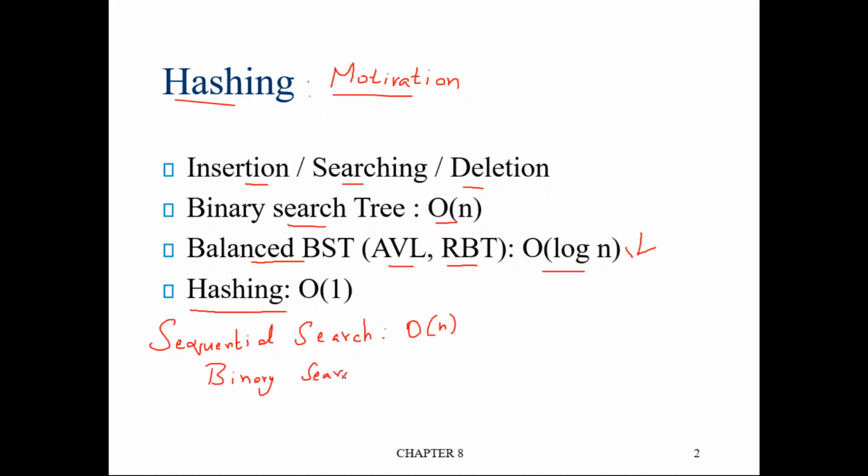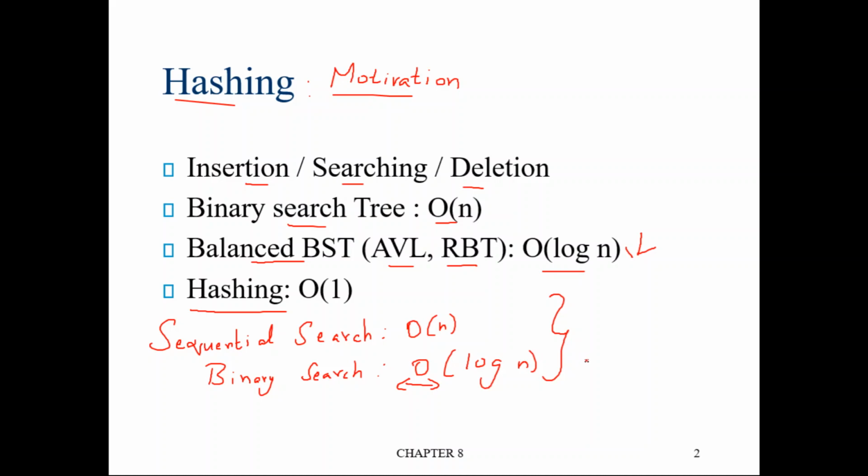Binary search requires a sorted list, so its time complexity is order of log n. For searching an element from a list or an array, this is the least time complexity we have achieved so far, through binary search. But can we reduce it further?